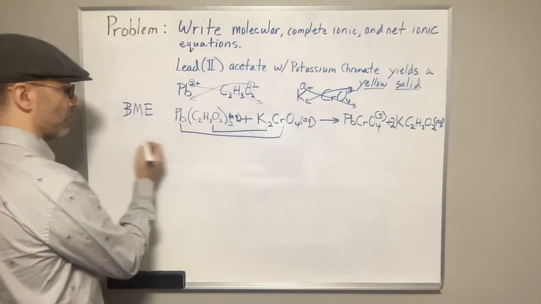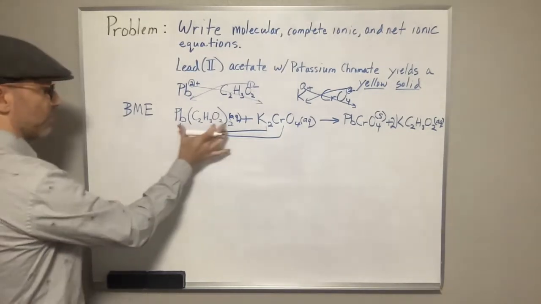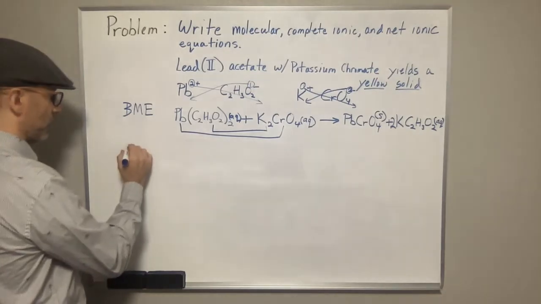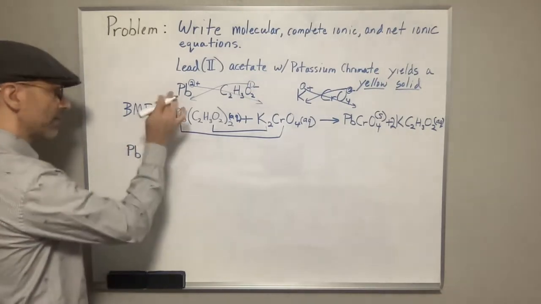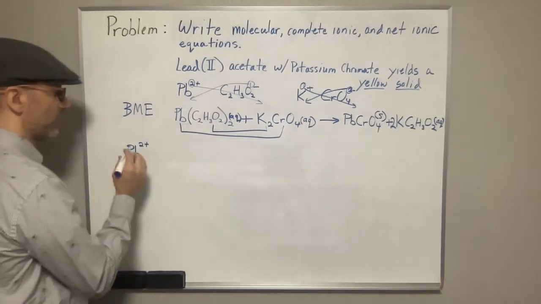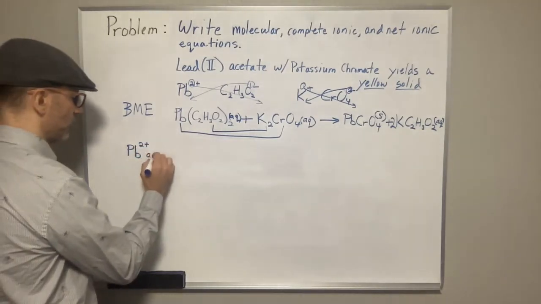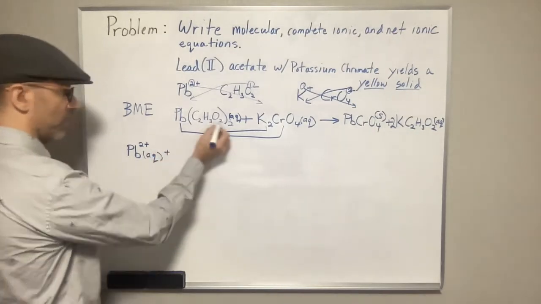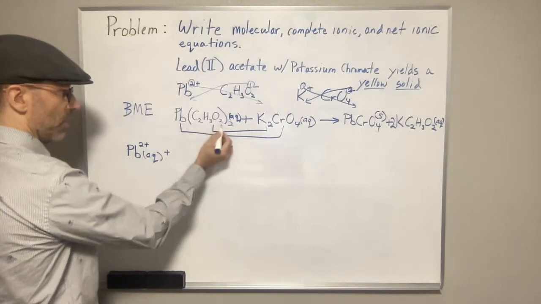If we separate out the ions, this is aqueous, so we separate out the ions by writing them separately. So Pb, and we're going to write the charge. When you have them as separate ions, you write the charge. So this is going to be Pb 2+ aqueous, plus 2 acetates.